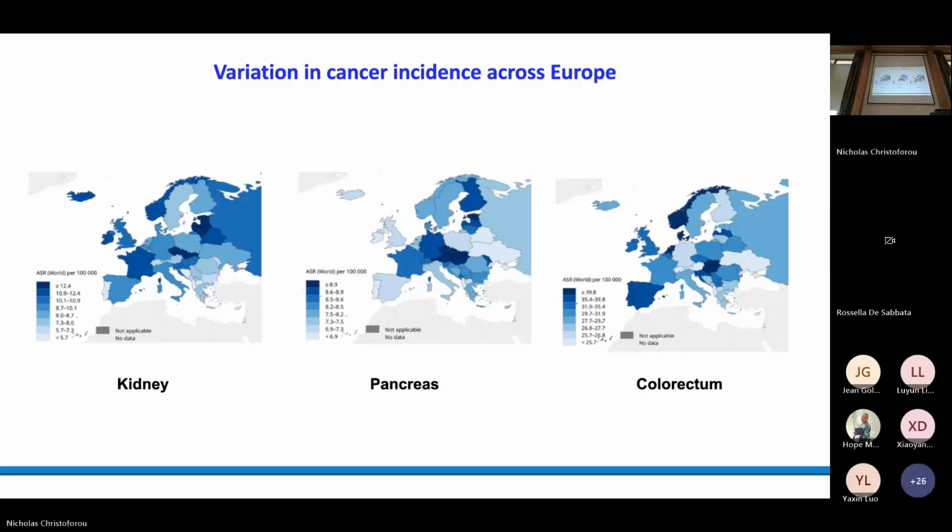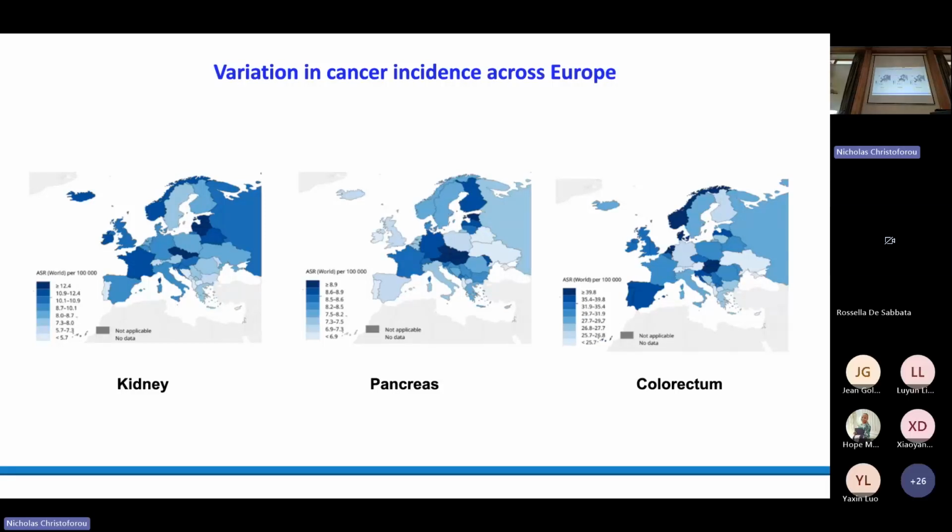One thing I should point out, these are not like the global variation we see in some cancers. So although they are different, they're not drastically different, as, for example, comparing rates in Africa with those in Europe or North America, but still there is significant variation in incidence across European countries, and it has been speculated this could be caused particularly by environmental exposures.